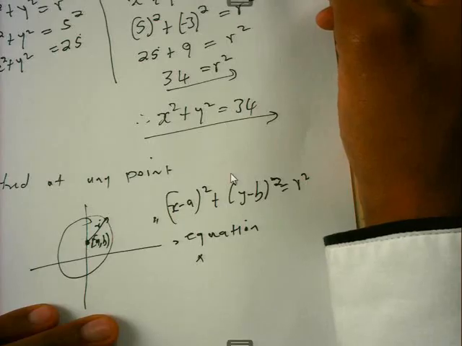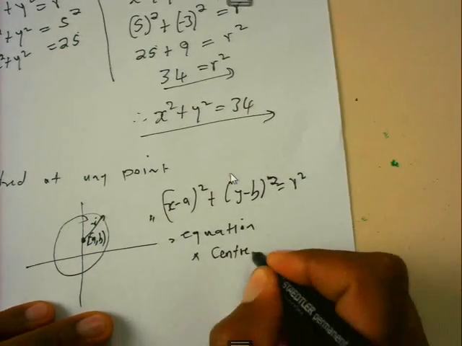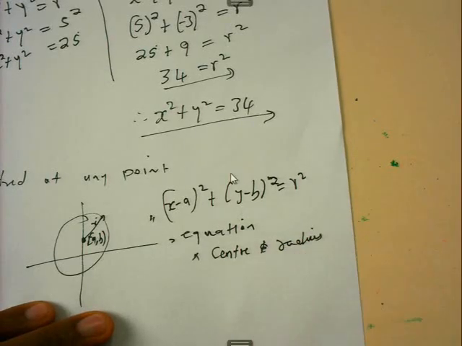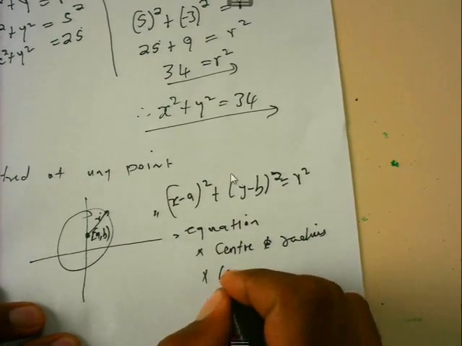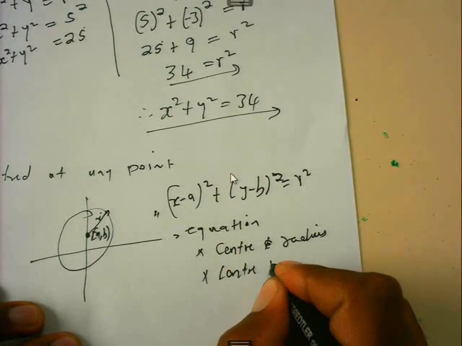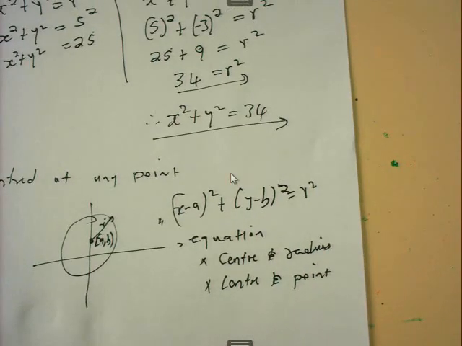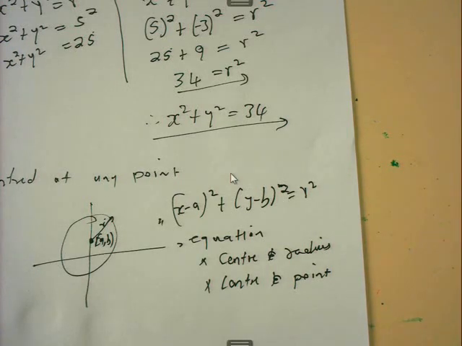But here we are specific to say you need to have a center as well as the radius. The second one, you also need to have a center as well as a point on the circle. Right. Once we have these two, then it will be easier for you to determine the equation of the circle.